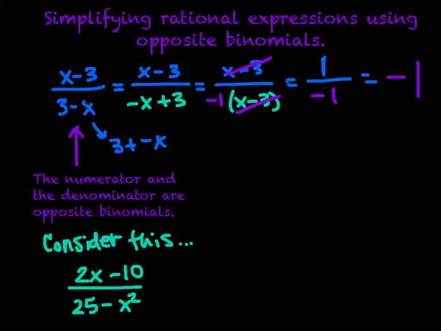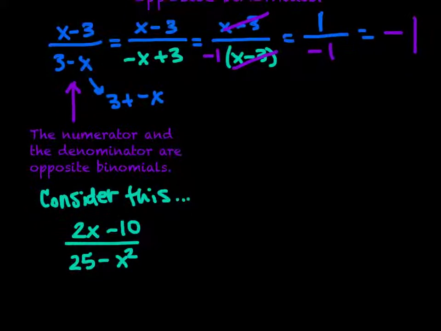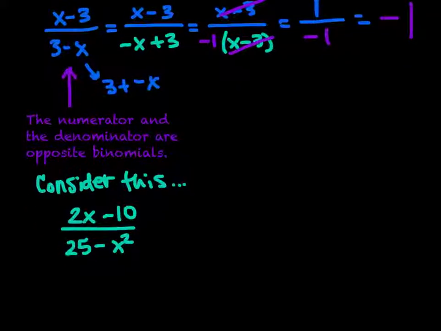Now let's consider this whole concept of using opposite binomials to play around with a problem. We have this problem right here: 2x minus 10 over 25 minus x squared. First things first, we're following the steps that we learned at the beginning of this chapter. We first need to find all the values that are not going to work for our denominator.